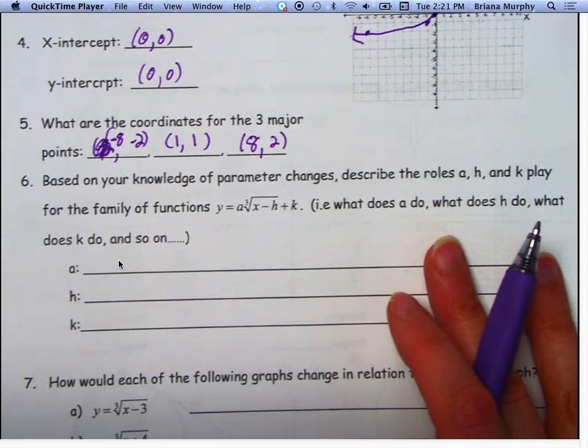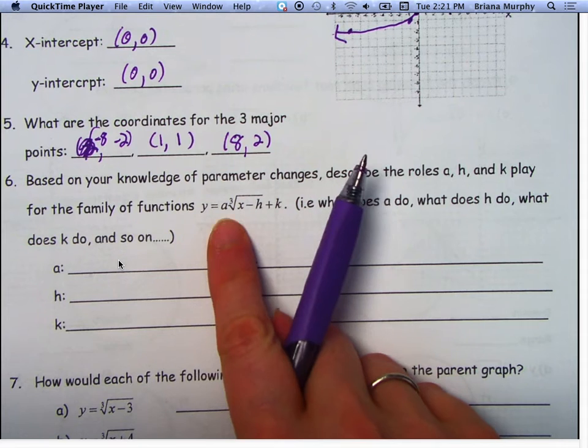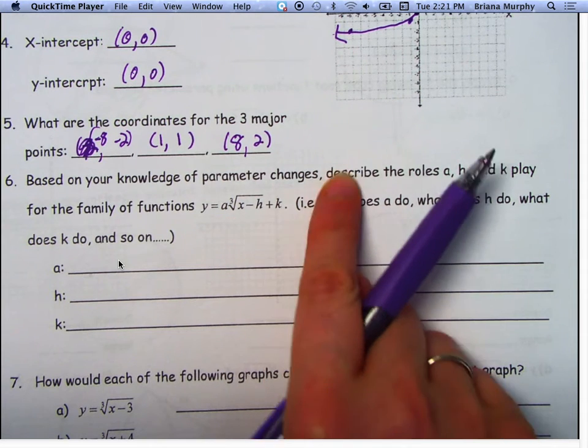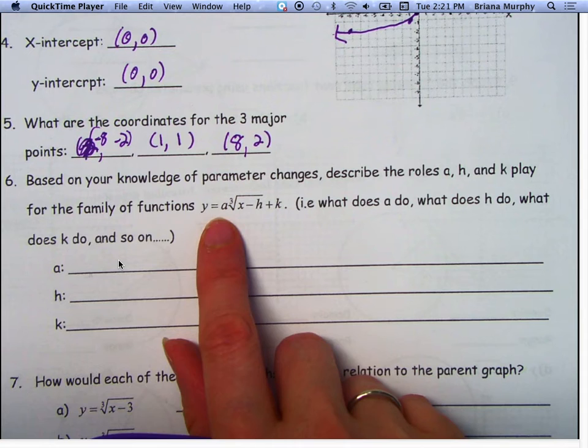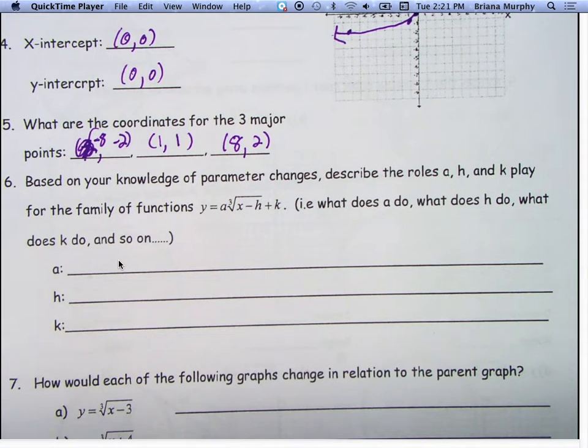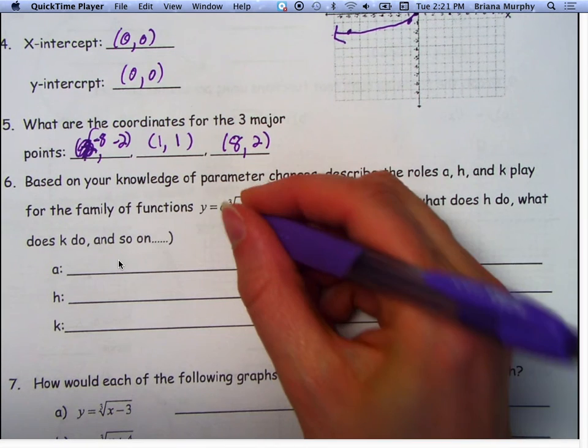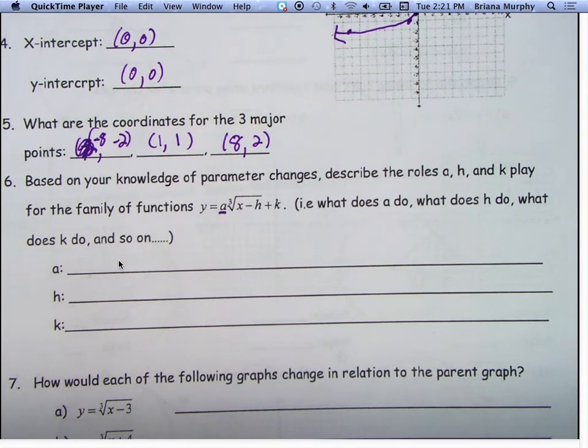Let's talk about our cube root idea. When we think back to vertex form, or what we did yesterday, what does A do? Let's skip A for a second.